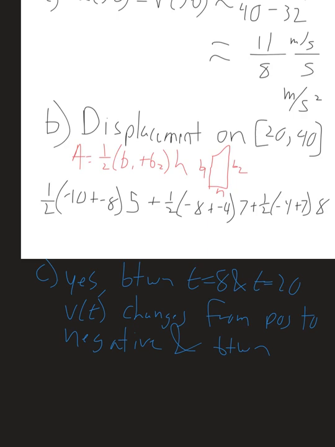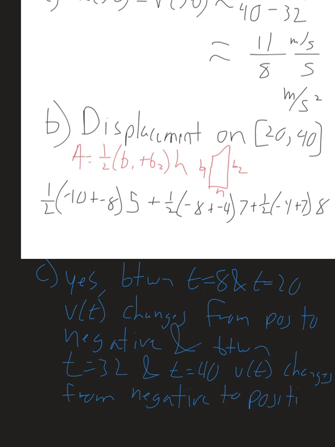Between t equals 32 and t equals 40, v of t changes from negative to positive. So that's by definition a change of direction there.